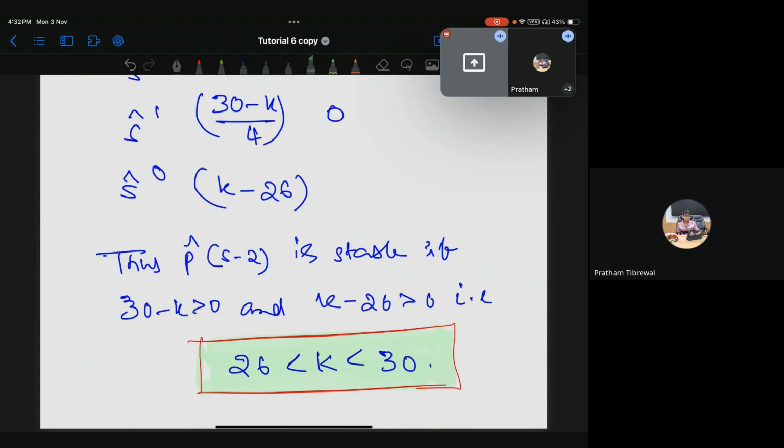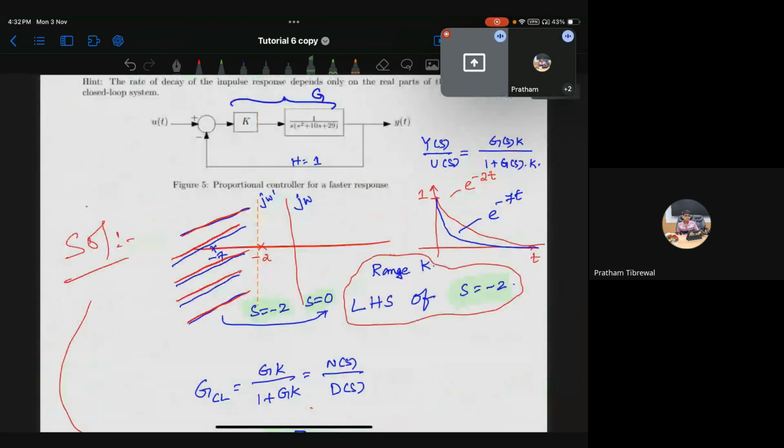Because those poles are on the left side of s equal to minus 2. That's why I took here the example s equal to minus 7. That will be on the left side of s equal to minus 2; minus 7 is left of minus 2. For s cap, it would become minus 5.